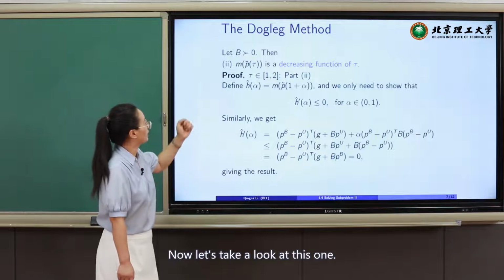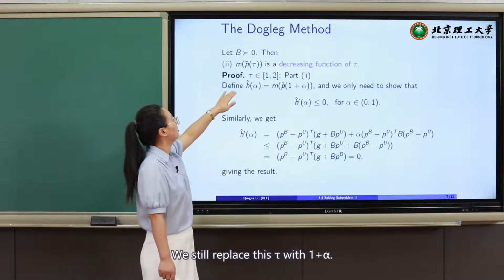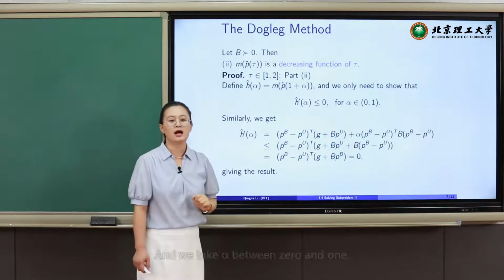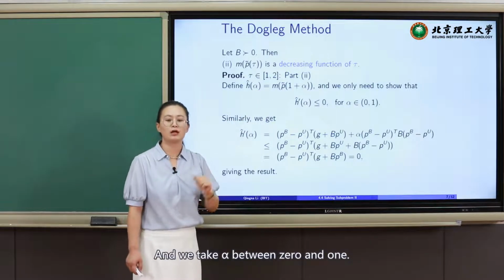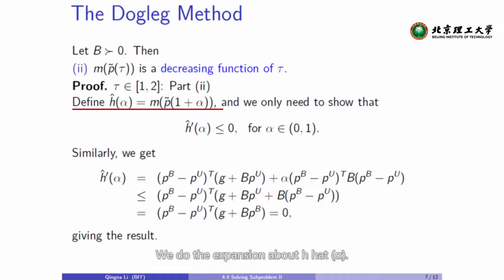We still replace tau with 1 plus alpha, and we take alpha between 0 and 1. So we define a new function h hat of alpha like this. We do the expansion of h alpha, and we take the prime of h alpha.